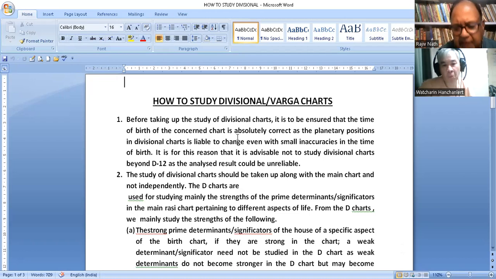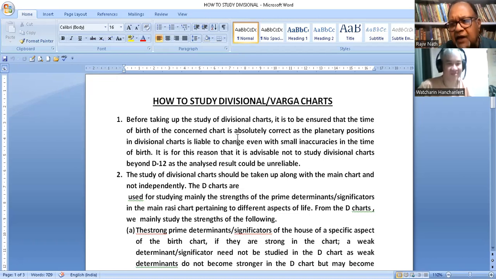In a divisional chart, we are dividing each zodiac sign into smaller parts. If you are sure about the time of birth, only then you refer to the divisional charts, otherwise ignore them.